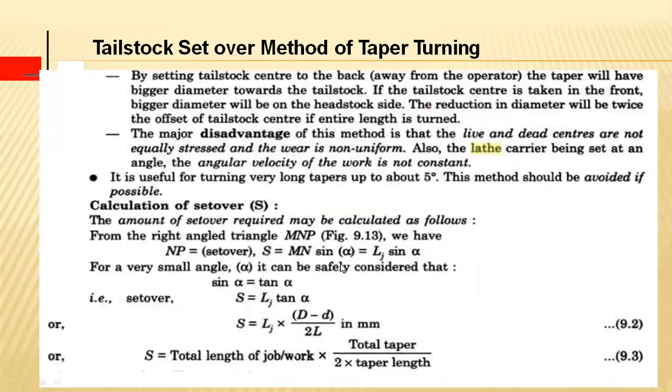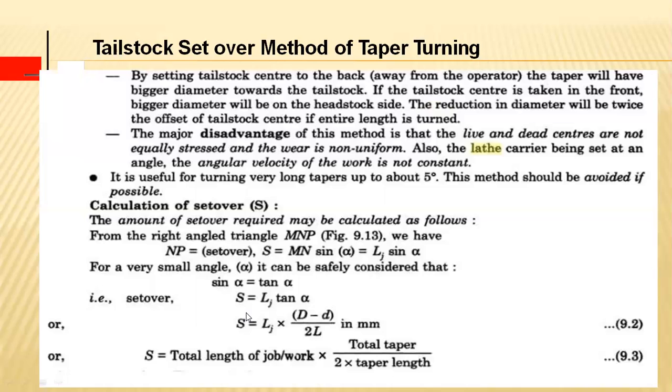Hence, MN is represented with respect to the line of joint, right? So MN is equal to L, the length between the headstock and the tailstock position. So S is L sine alpha.